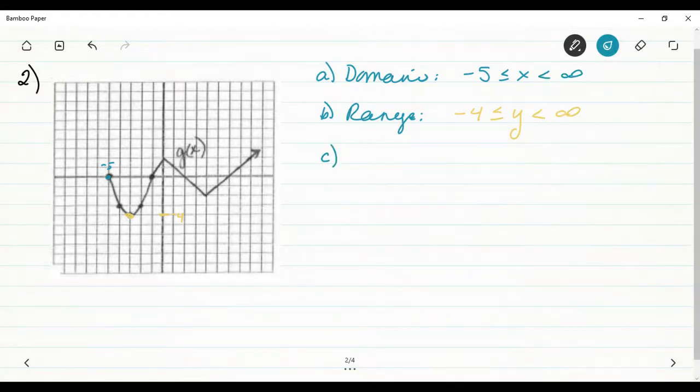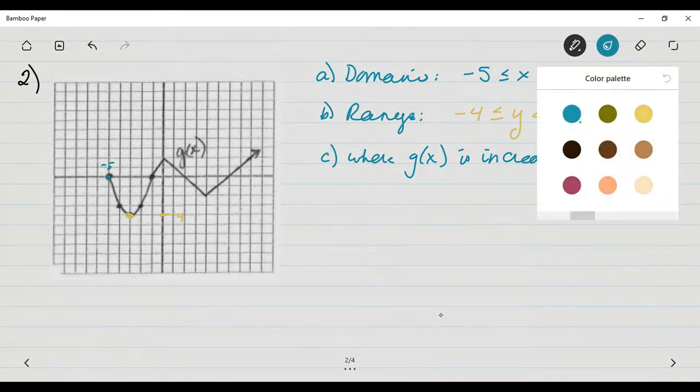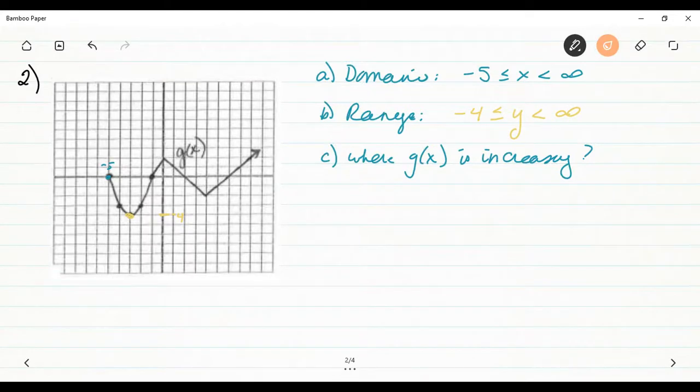Part C, we are looking to find out where g of x is increasing. Again, we're going to trace over our picture to find out where our function is going up. So starting at the left, from -5 down here, it's not increasing. We don't increase until we get to this point and start going up in this direction.